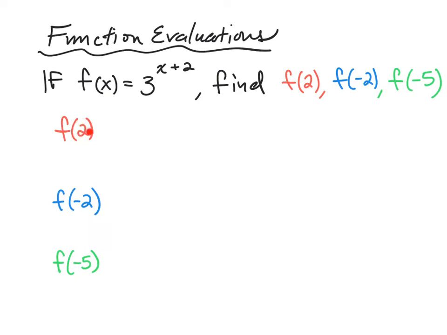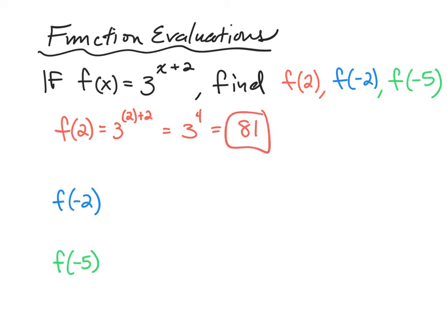If you substitute 2 in for x in the function notation, you substitute 2 in for x into the exponent. So it'll look something like this. This would be 3 to the 2 plus 2 power, which is 3 to the 4th power, and 3 to the 4th is 81.